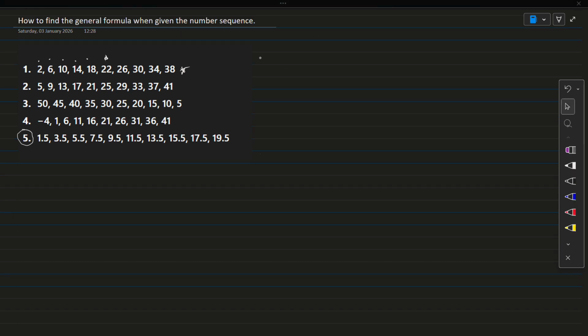So now we're going to be looking at the second pattern. We already know that our general formula is Tn is equal to a plus (n minus 1) times the common difference. So what is your a for this pattern? Our a is the first term where the pattern starts, which means a is 5. Then to find your difference, you simply take any two consecutive terms and find the difference between them.